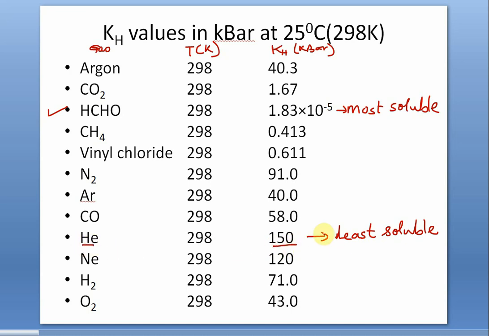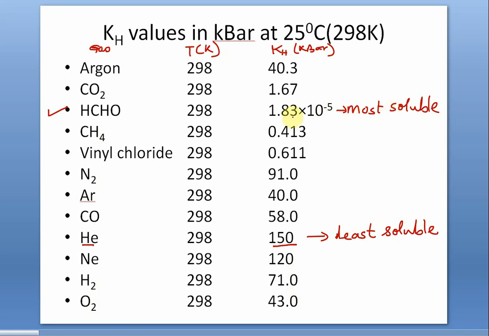So helium is the least soluble. And formaldehyde, which is a very, very poisonous pollutant in the air, has a Kh value as low as 10 to the power minus 5. So you can well imagine to what extent it is soluble. It is highly soluble. So the Kh value is so low.